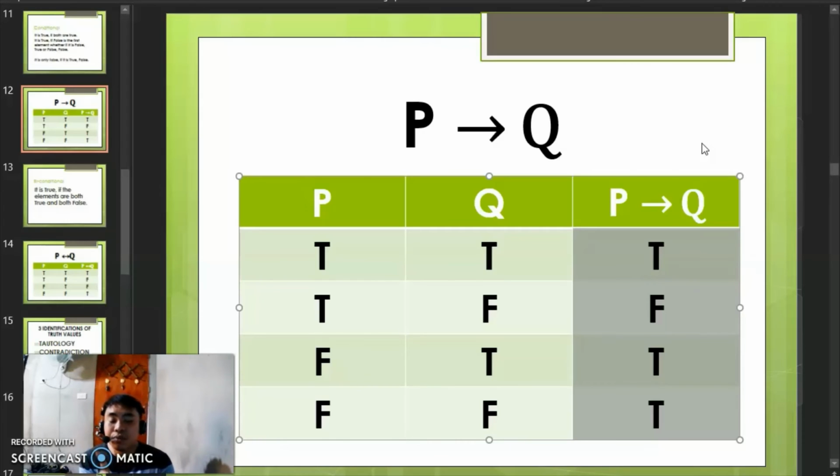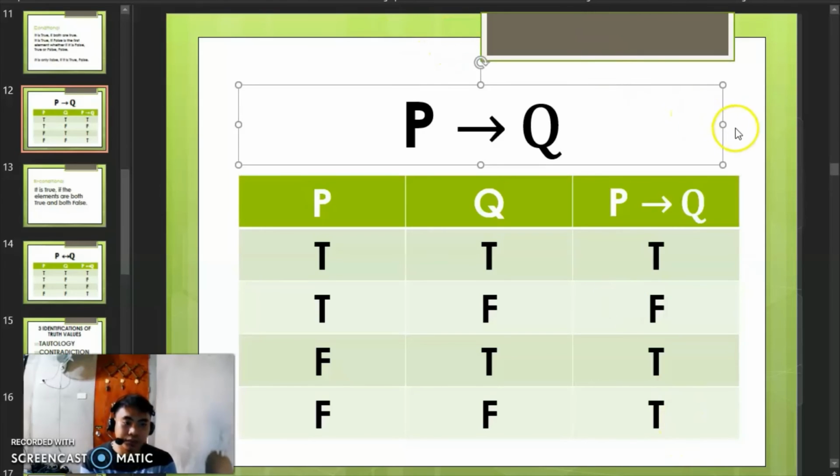Even isa lang po yung naiiba, kung gaano man po karami yung true or false, basta combination sila, that is still contingency. Kung ito po ay puro true, that is tautology. Kung lahat naman po ito false, that is contradiction. I hope nakuha po yon.